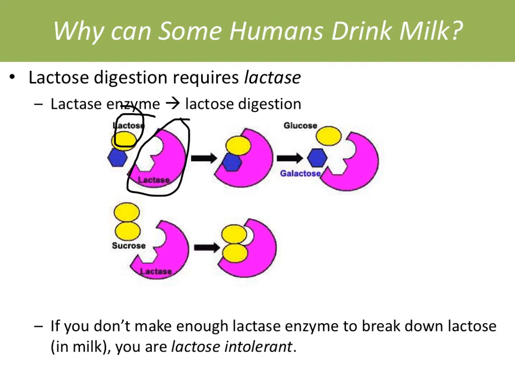Lactose is a sugar, and lactase is an enzyme. What happens is there are active sites on this enzyme. The protein is folded in a certain way, and the active sites attach to the lactose.